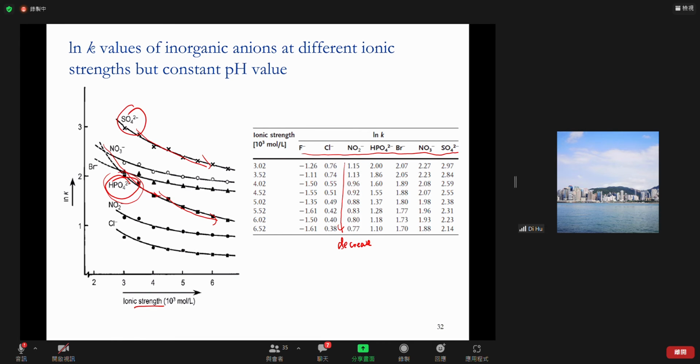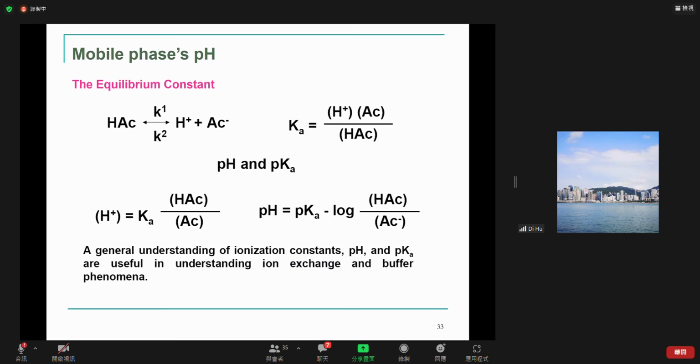Now how about the pH change? For the equilibrium constant, we have to look at the pH and pKa. For a weak acid with its base, pH equals pKa plus log of A minus over HA.